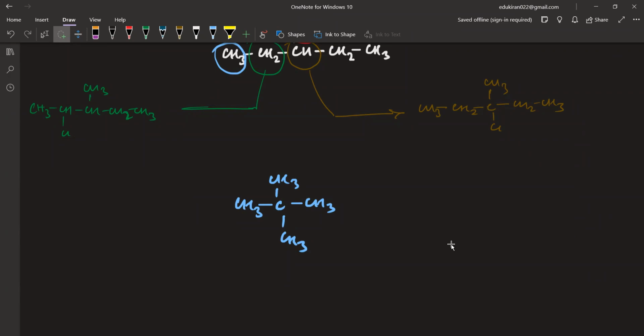Guys, what do you think? How many products will be formed? 1. Very good. Only one. You may see that there are 2 different types of carbon atom. We have this carbon atom and then the middle carbon atom. These are 2 different carbon atoms. But this middle carbon atom has no hydrogens. And we need to replace hydrogen with halogens, right? So even though there are 2 different types of carbons, you will only get 1 product.